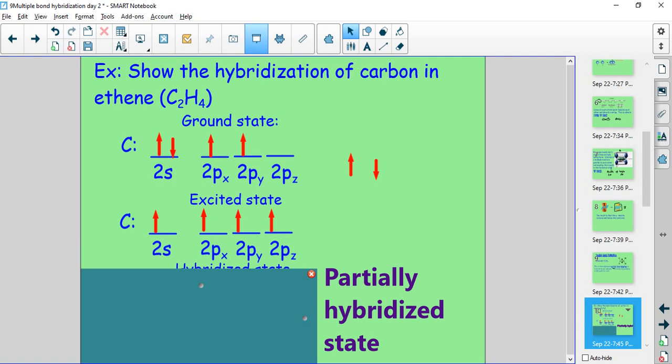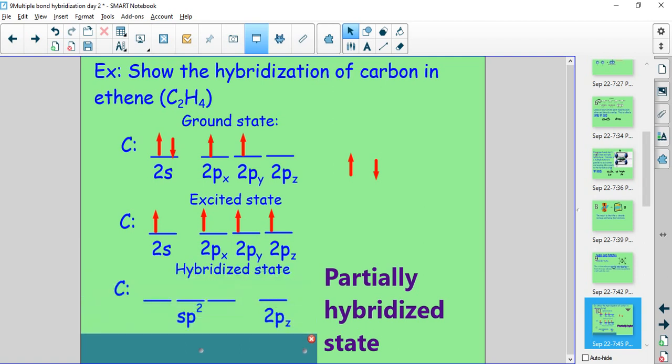Now the 2pz is going to remain unhybridized to look like this. And finally, one here. Right, so these are these electrons, 1, 2, 3 electrons. Now this one last one appears exactly as it did up here.